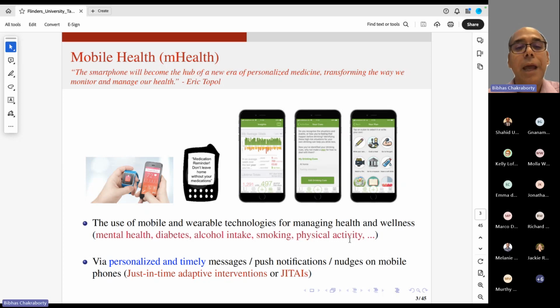It can mean a variety of things, but in today's talk, I'll be focusing on the aspect of mHealth that involves sending personalized and timely messages, push notifications, or nudges, so to speak, through your smartphone or digital device. These are all behavioral nudges, behavioral interventions, sometimes also called just-in-time adaptive interventions, or JITAIs in short.